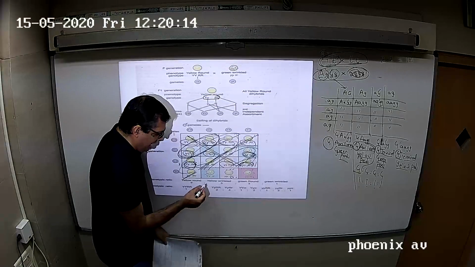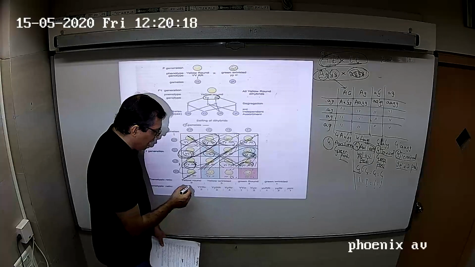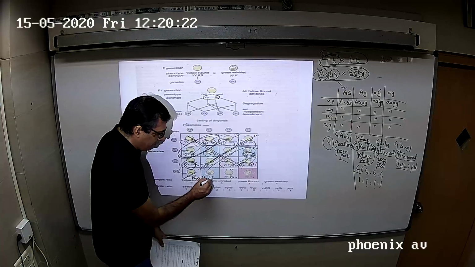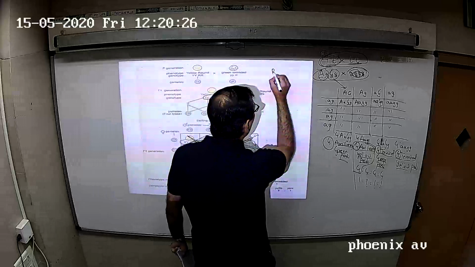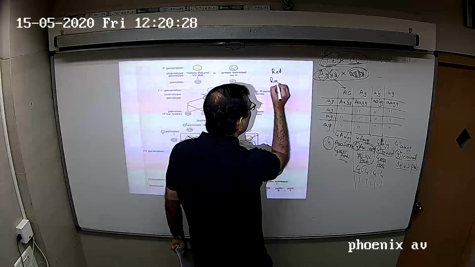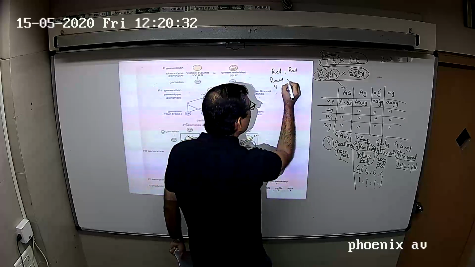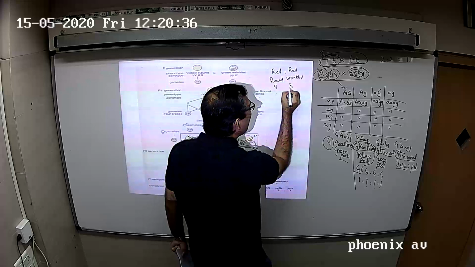So what will be red and round? Red and round will be 9. How many will be red and wrinkled? Red and wrinkled will be 3.